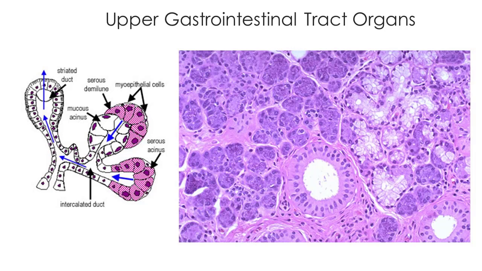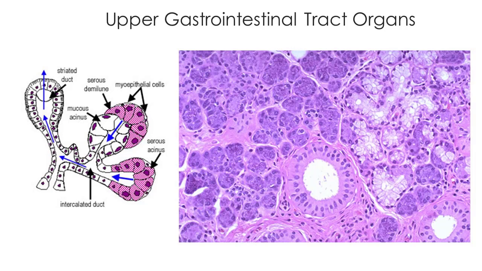These are dark purple, and if you look close enough, you're going to see a granular appearance. Acinus, yes, sorry, acinus. That's just a round collection of our parenchyma. That is going to be a serous producing group of cells. However, when you see these lighter colored acini, these are going to be your mucus producing.